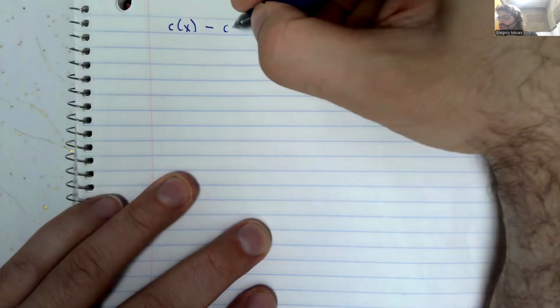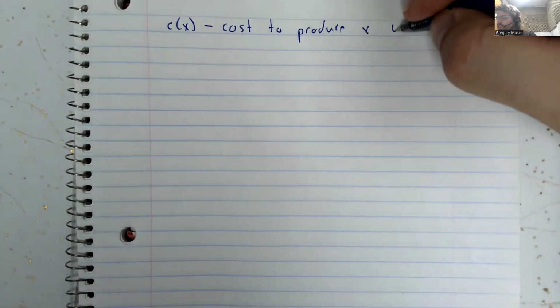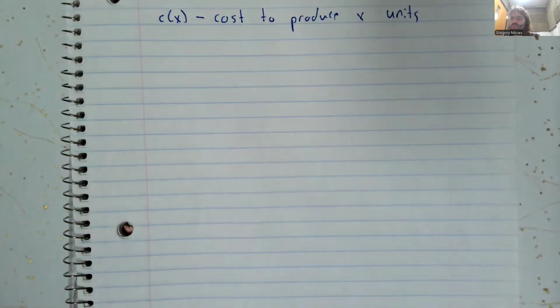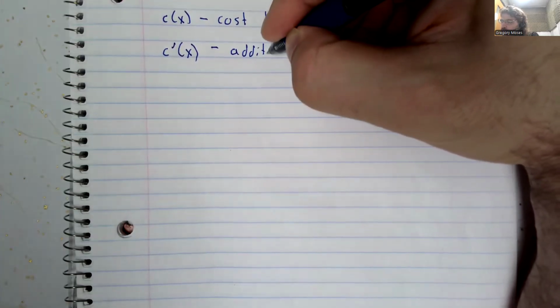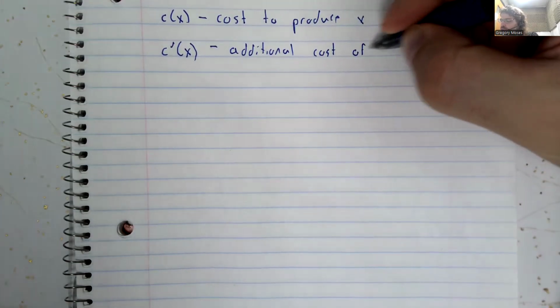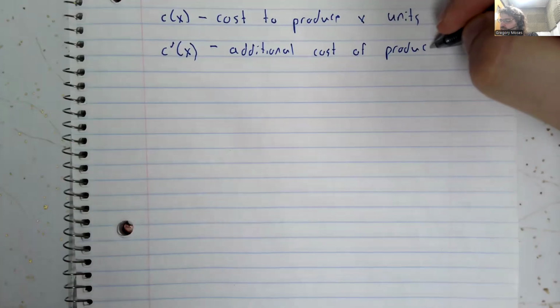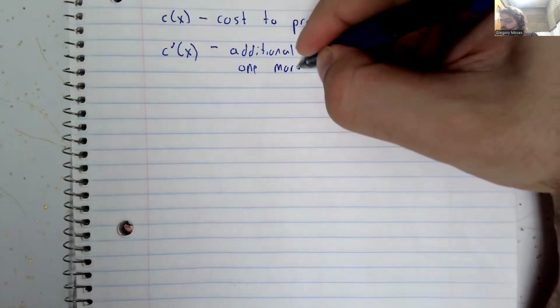So if C of x is the cost to produce x units, C prime of x is approximately the additional cost of producing one more unit.